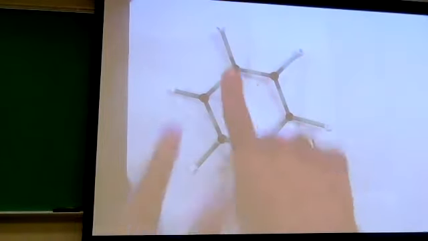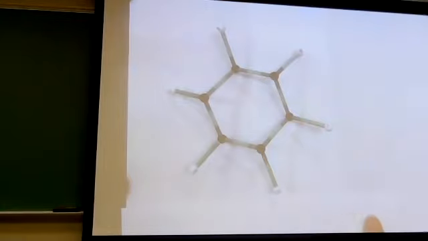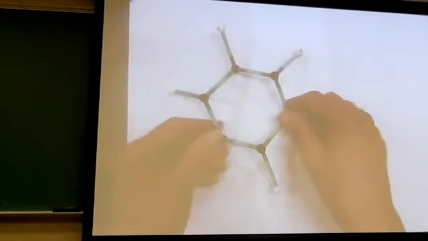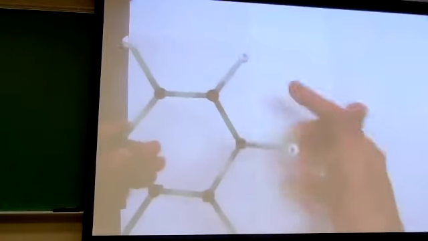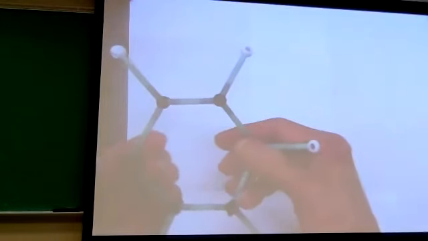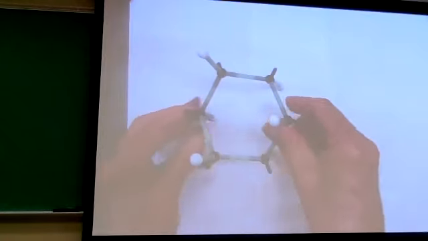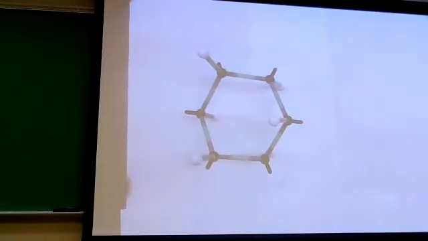Notice how the CH bonds are all sticking out. When I do the ring flip, so that this goes down and this comes up, what happens to all those CH bonds is now they are all sticking either up or down.